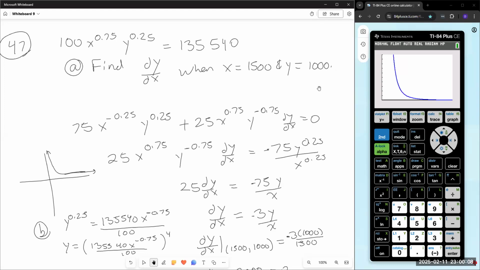So if I get something like the ladder is sliding down the wall, the vertical height of the ladder and the distance that the ladder is away from the wall are both shifting as the ladder slides down the wall. Both of those are changing with respect to time, but there's a relation between them. They're related to each other, so they're related rates. So that would be an example of a related rate.